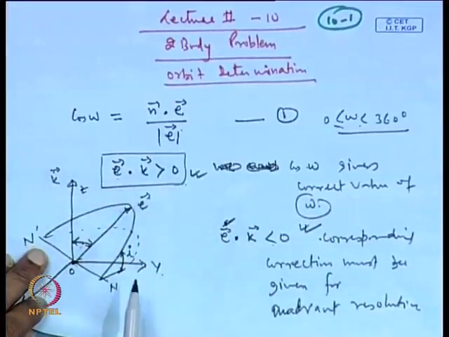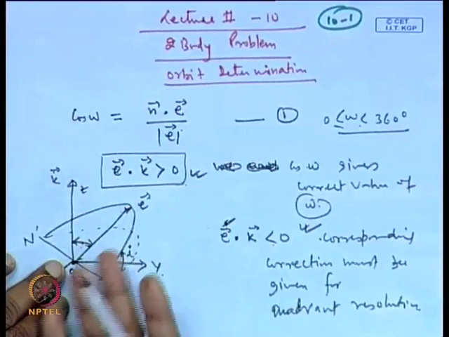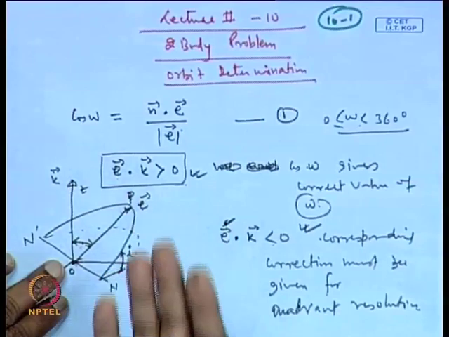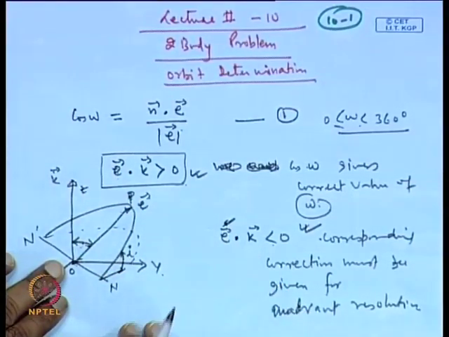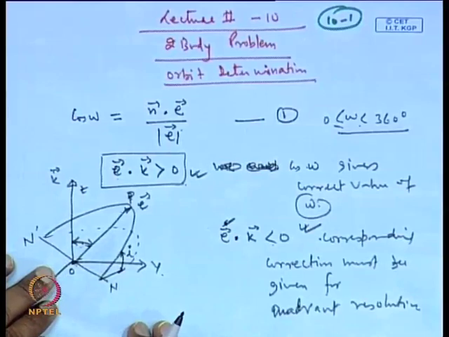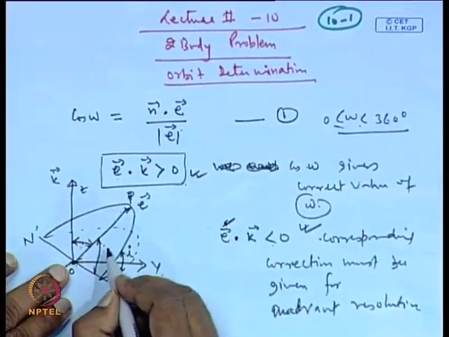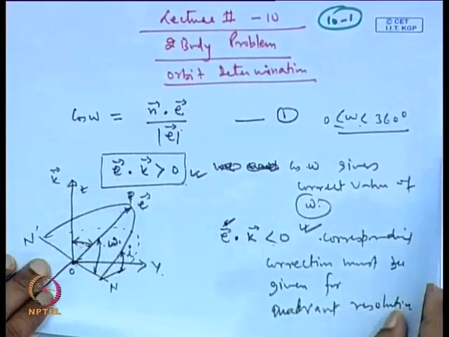So, E dot k greater than 0 indicates that the perigee, this is the perigee here, is lying above the x y plane, and E dot k less than 0 shows that the perigee is lying below the x y plane. Accordingly the argument of perigee can be resolved.